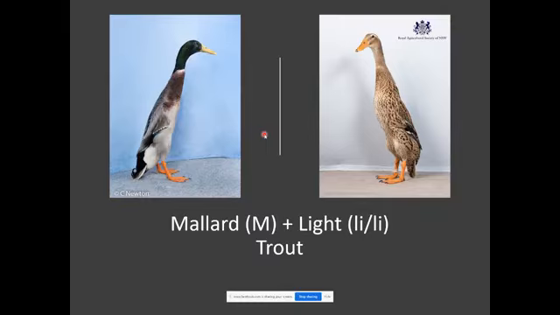If we look at this though, to think about how these genes interact to get the pattern, I want to go back one step and put the wild type mallard in and say, well, what is the light phase of the wild type mallard? And the light phase of the wild type mallard is the color we call trout in Indian runners.